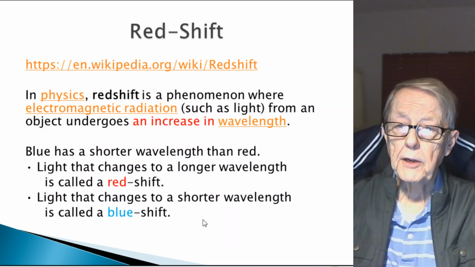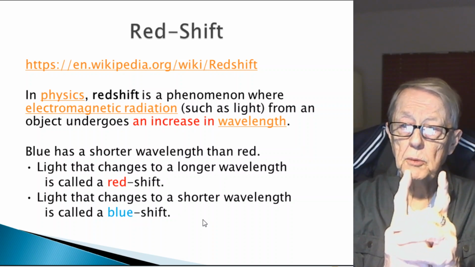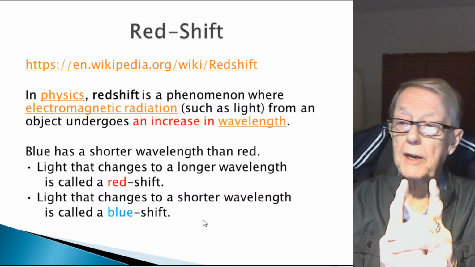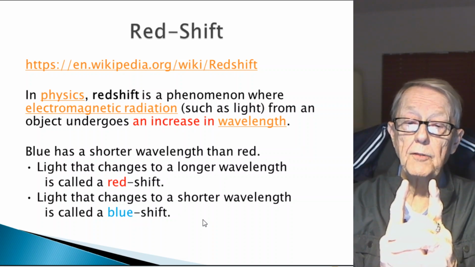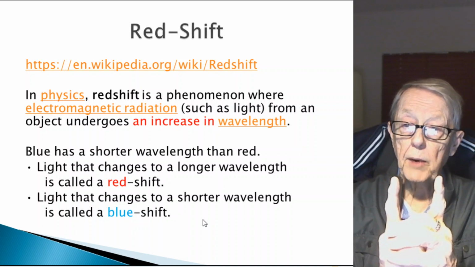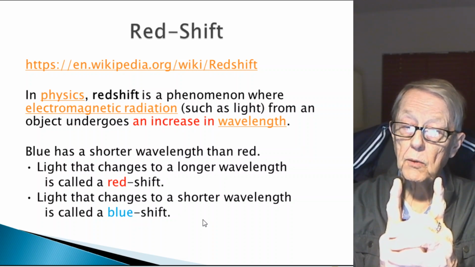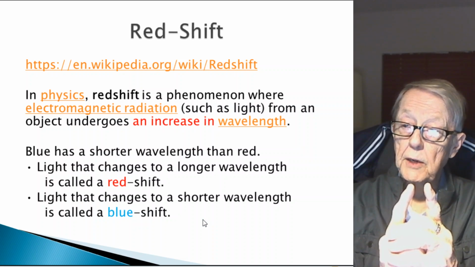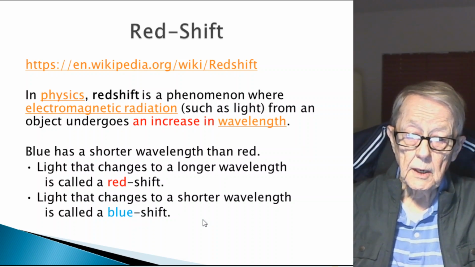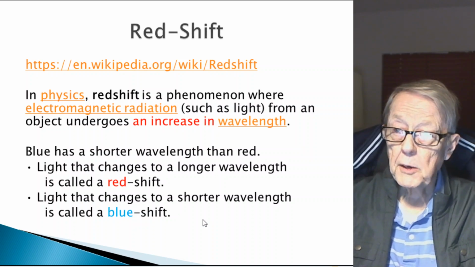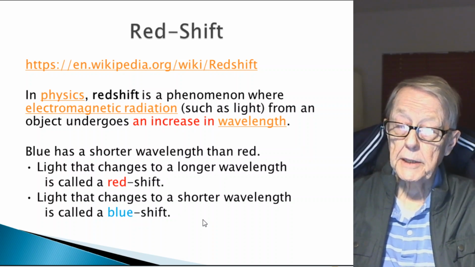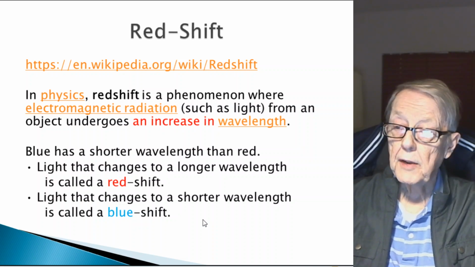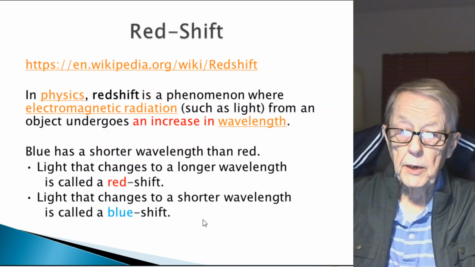Let's assume this is the wavelength of green, right in the middle between blue and red. If the wavelength gets bigger, it's shifting towards red. If green's wavelength gets smaller, it's shifting towards blue. So it doesn't matter what the frequency is, it matters in which direction the wavelength is going. A longer wavelength is called redshift.